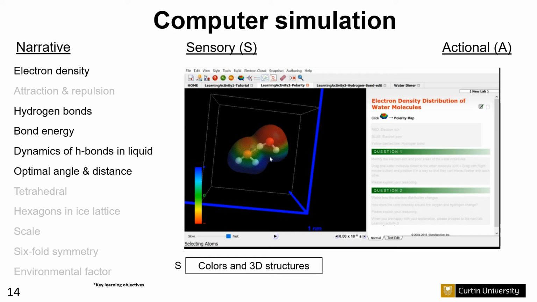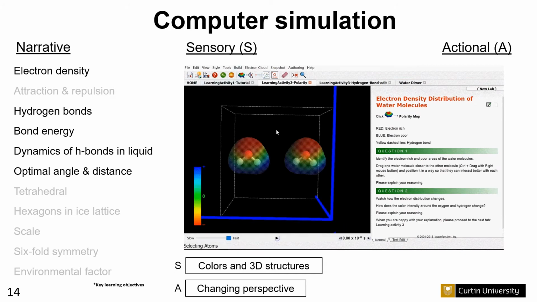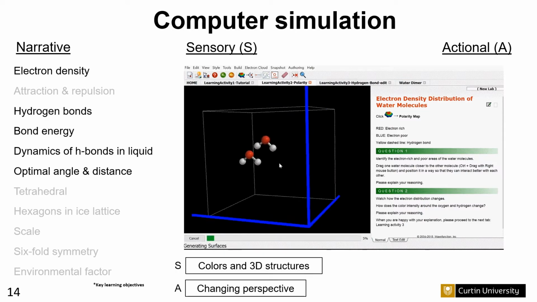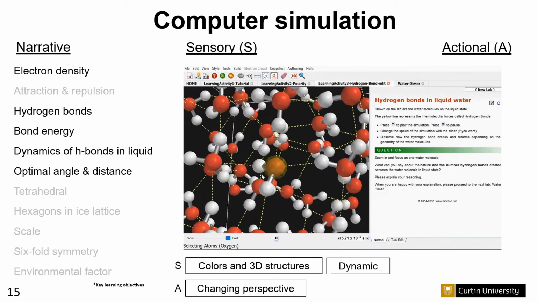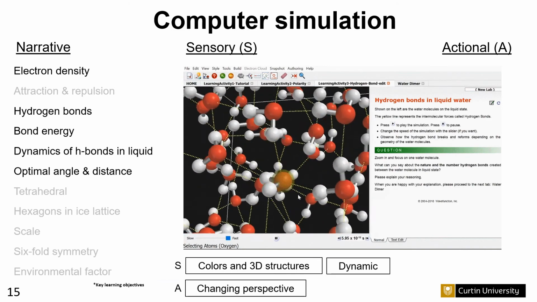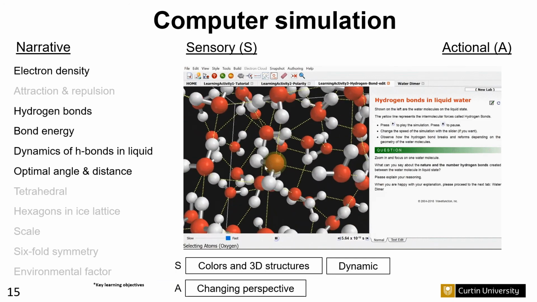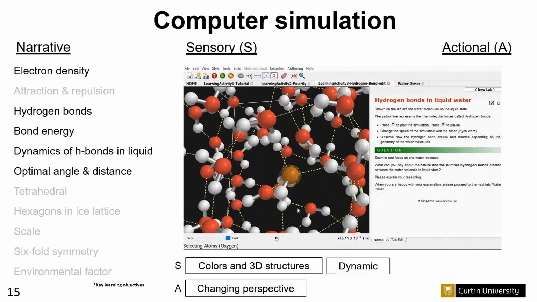And then with this task, they can change the perspective and see how water molecules interact better and how the electron density changes. The next task in this computer simulation involves a simulation of liquid water, and we can see the dynamics of hydrogen bonds, how they keep breaking and forming.